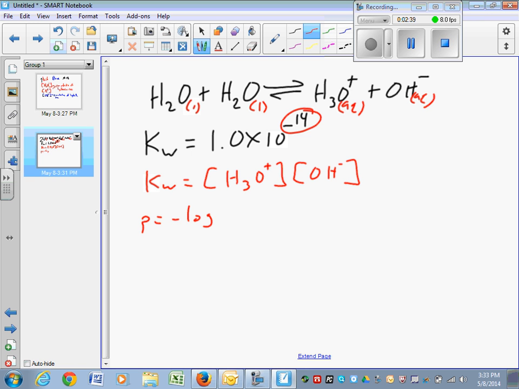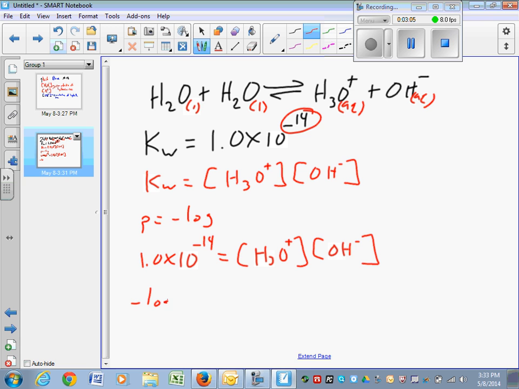So if I take the negative log of K water, 1.0 times 10 to the minus 14, equals H3O+ times OH-. What you may remember from math class is that when you are multiplying things, you add together the logs. When you're dividing things, you subtract logs.